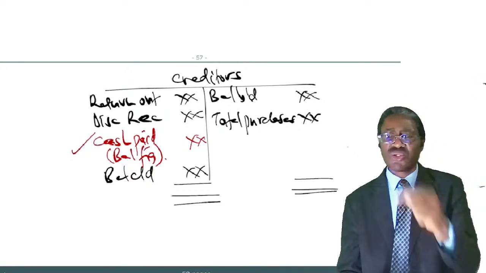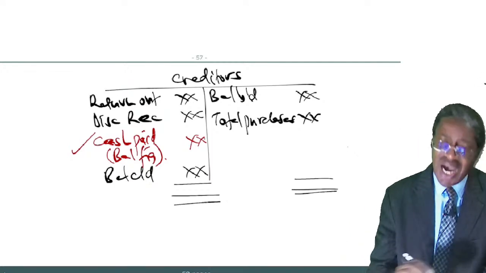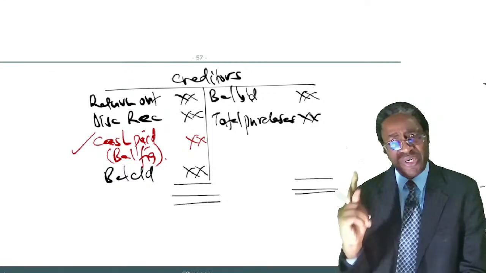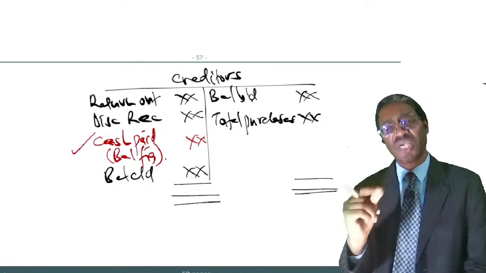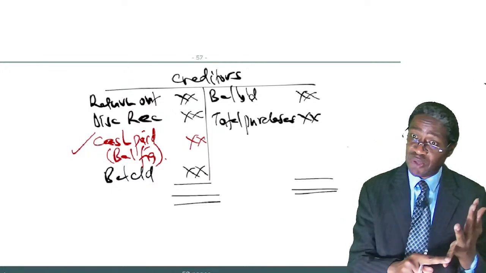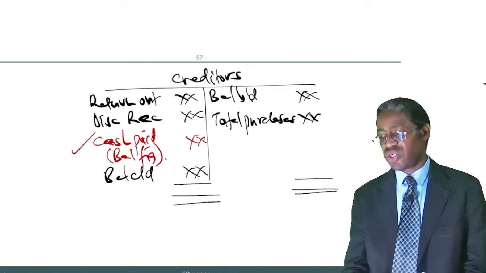So by me using total purchases, then it means whatever I'll get here as a balancing figure in terms of cash paid, it will represent how much cash you paid to both the cash suppliers and to your credit suppliers.